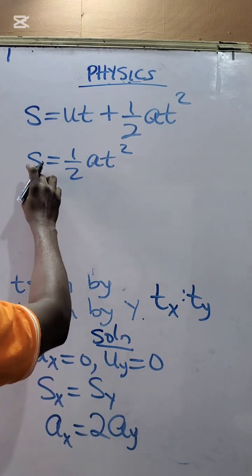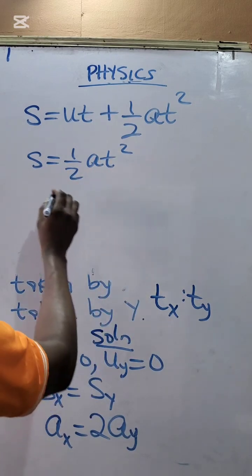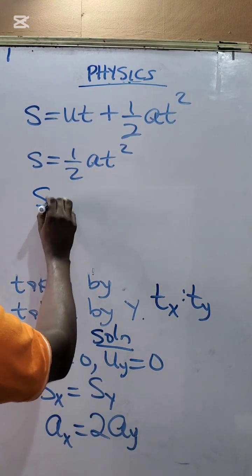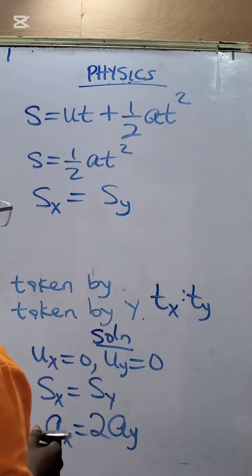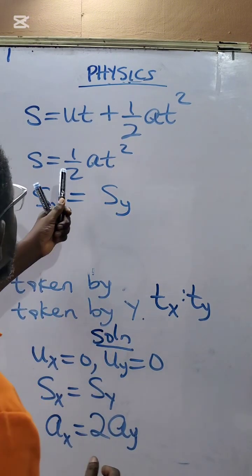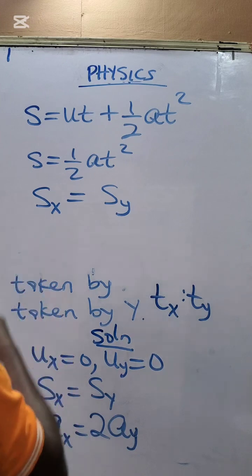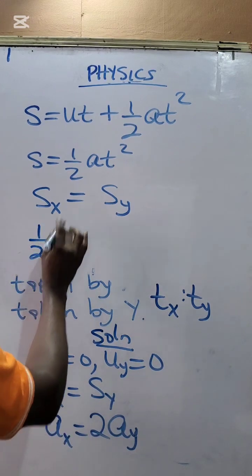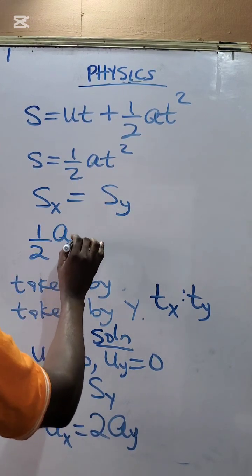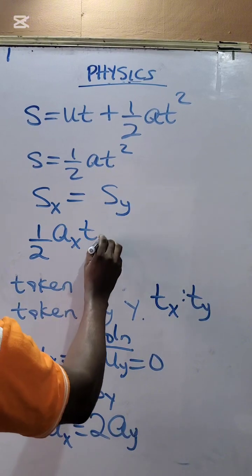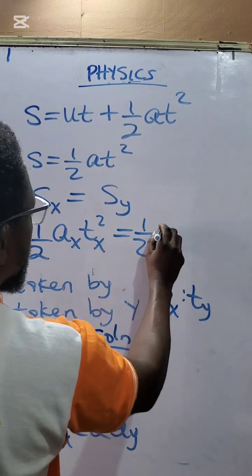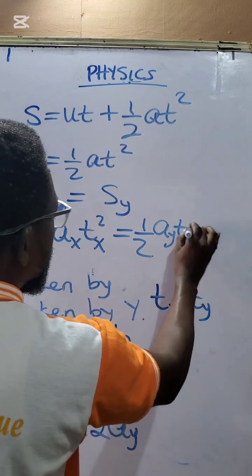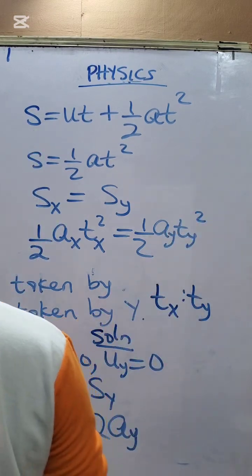So the distance of X equals distance of Y. So now the distance is half AT squared. So that means for X, I'll get half, then A, acceleration of X, then time of X squared, equals half acceleration of Y, time of Y squared.